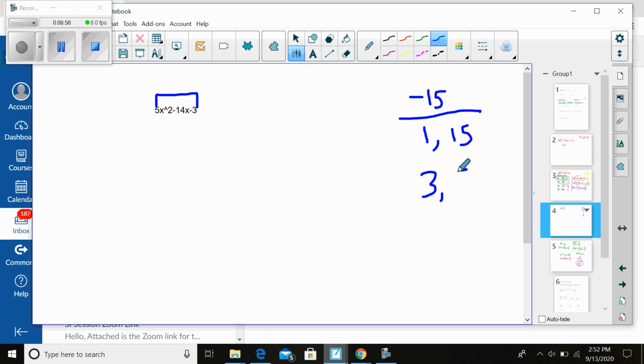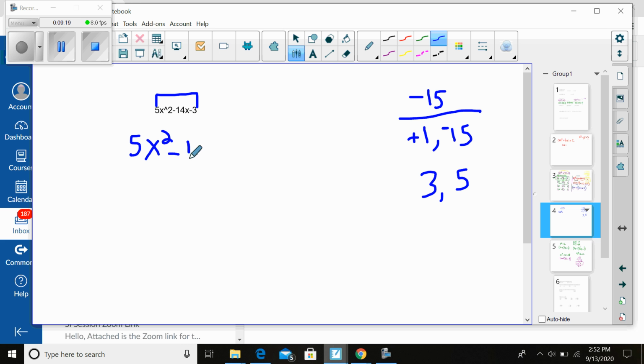I want negative 14, so I need a positive 1 and a negative 15. Then I'm going to rewrite, and it doesn't matter if I put the 1x first or the minus 15x first.